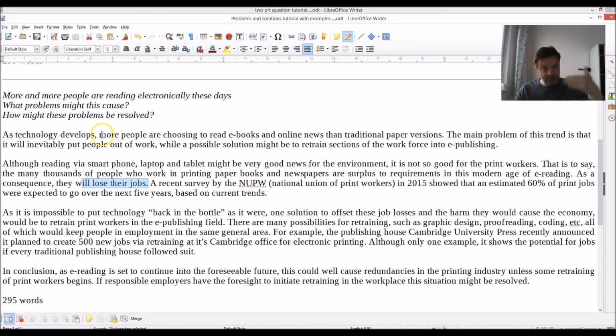So the main idea in paragraph 2, the main idea in paragraph 3, retraining, and then at the end you say the same thing. So that's quite straightforward, I think. So I'll put these 2 examples onto the blog, and you can copy them out. You can see the structure and use the examples.